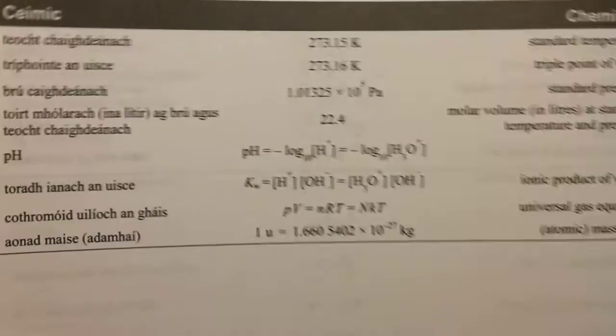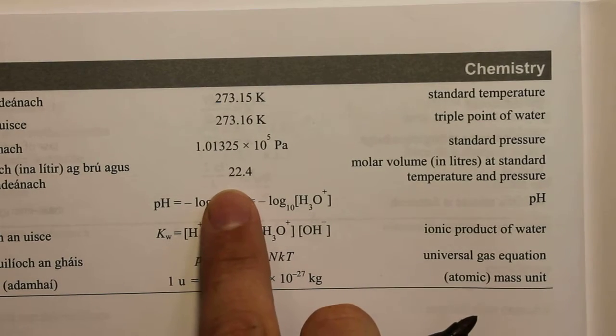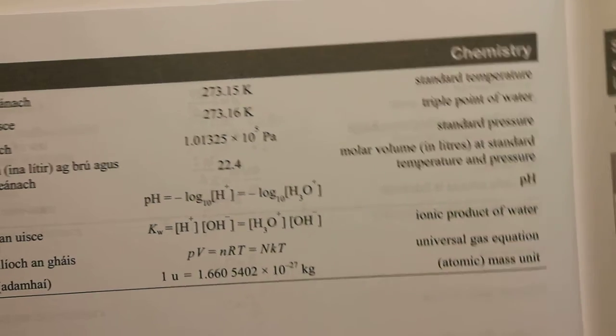In our formula and tables booklet, we can see that 1 mole of any gas is equal to 22.4 litres at standard temperature and pressure.